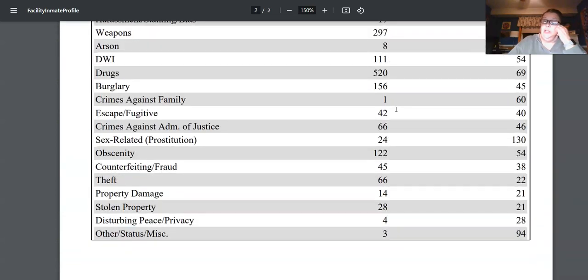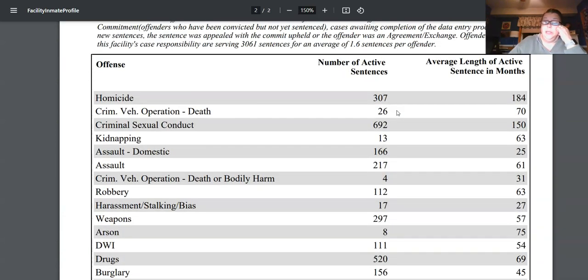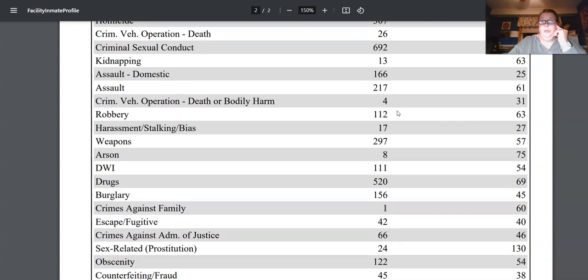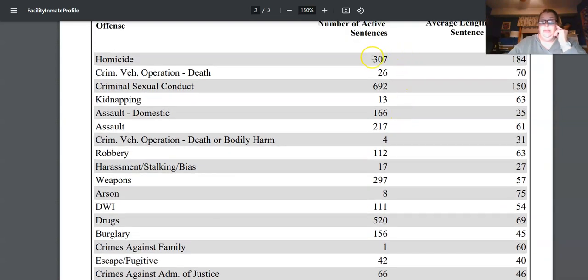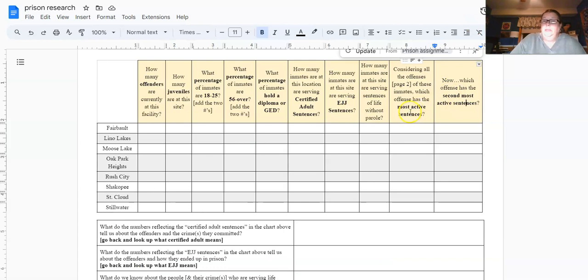The second page lists all the crimes that these individuals committed that they are serving time for. So I'm going to go through this list, and they're not in order. Be very aware of this. You're going to have to take your time on this. Which one has the most active sentences?